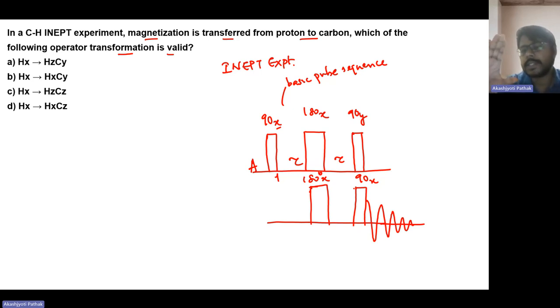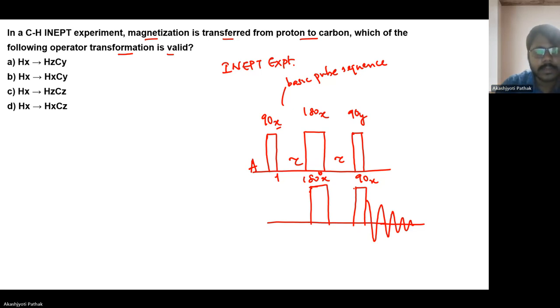If you are following the Cartesian XYZ coordinate system, this is my plus x, this is my plus y, and this is the z. My bulk magnetization is along the plus z axis. I'm applying the RF pulse along the plus x axis, so it will cause the bulk magnetization to tip off from the plus z to the minus y axis.